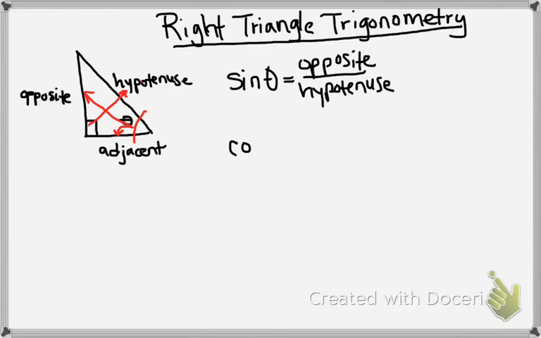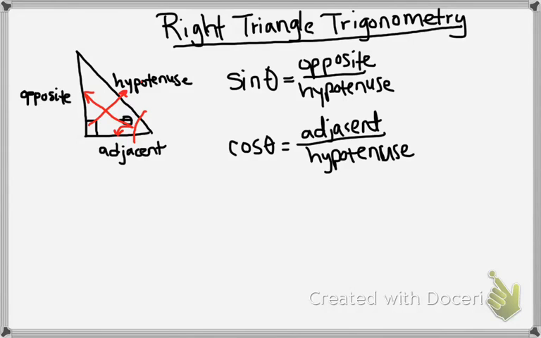The cosine is always going to be the adjacent leg over the hypotenuse. And then the tangent is going to be the opposite leg over the adjacent leg. So that takes care of the first 3, the main 3 trig functions that we look at.